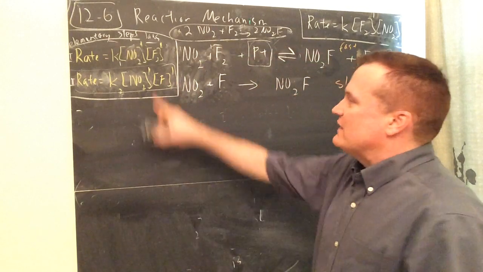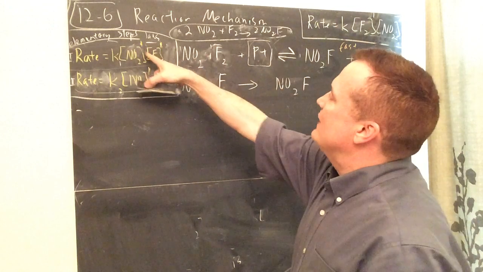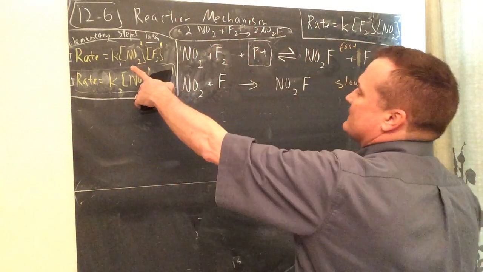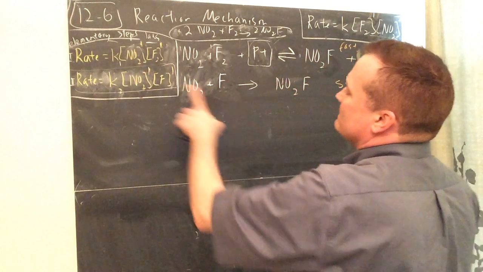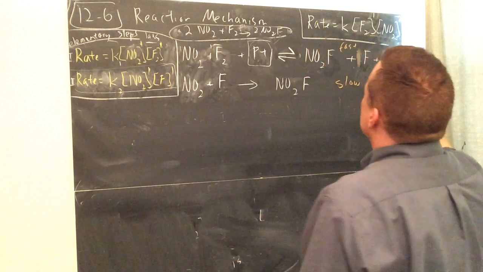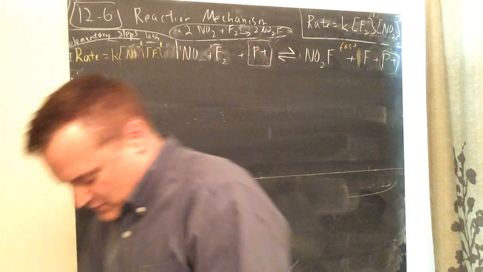Sometimes it ends up being the rate law of the first one, like if the rate law of the first just said NO2 F2, and that's the end of the problem right there, because the elementary rate law matches it. Or if there's an intermediate, you can substitute it out.